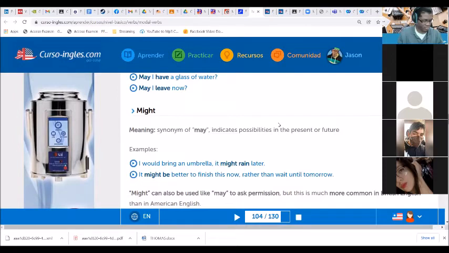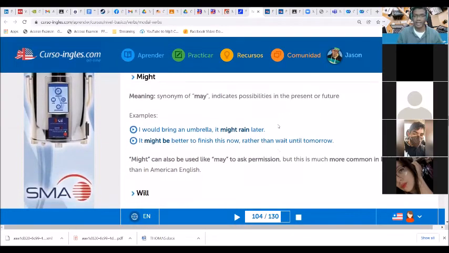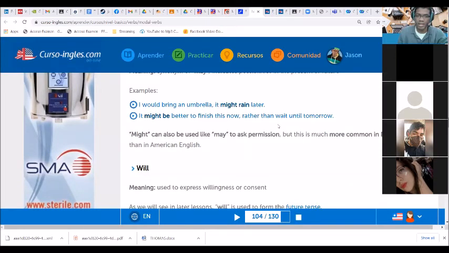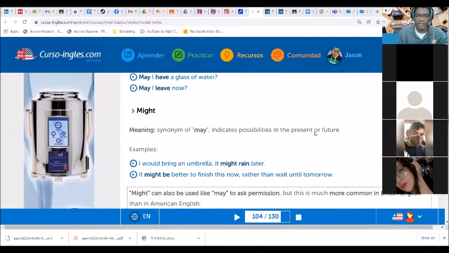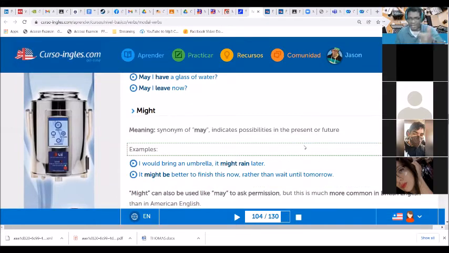Might can also be used like may to ask permission, but this is much more common in British English than in American English. All right. Now you notice those are nice ways of talking about probability, possibility, and ability.